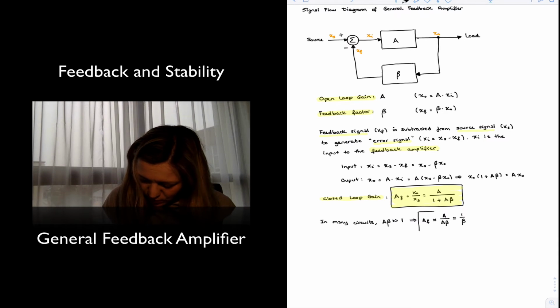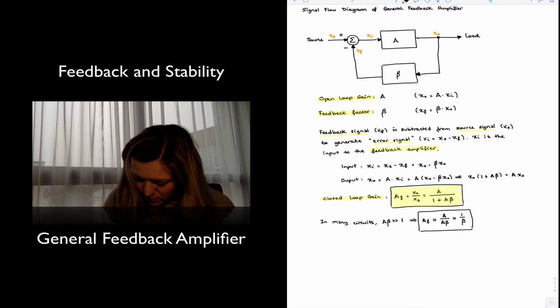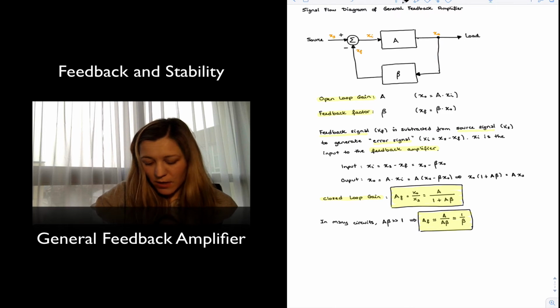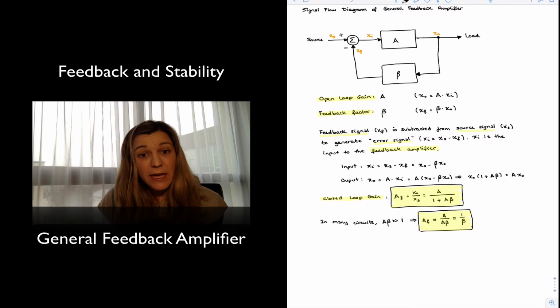Which is an important approximation. Why? Well, it's because notice that for large values of A beta, I will have that my closed loop gain, A sub F, is virtually independent of the open loop gain and is simply dependent on the feedback network, the feedback factor beta.